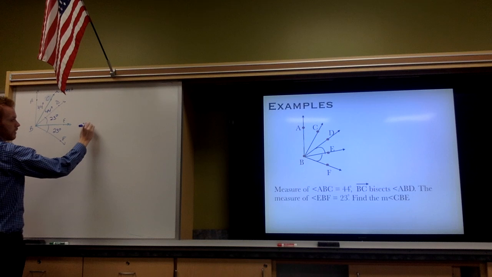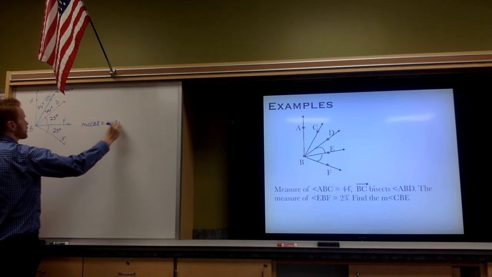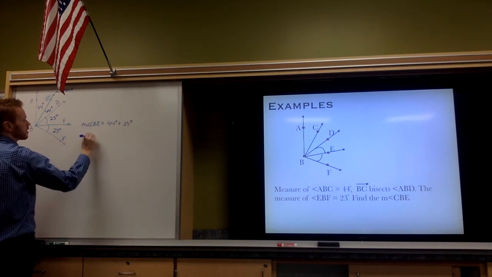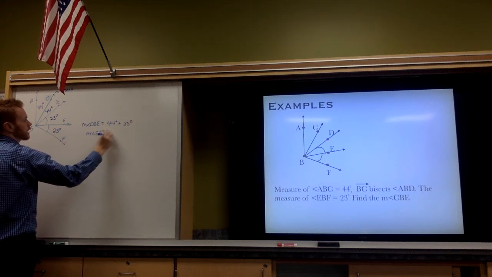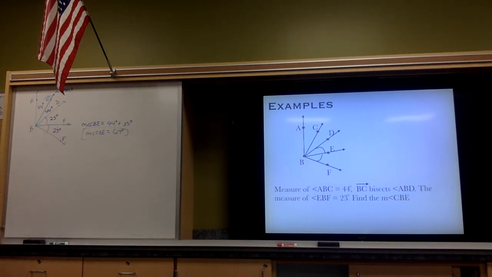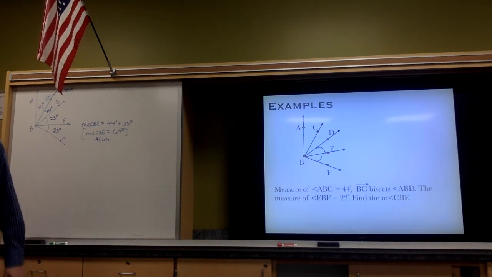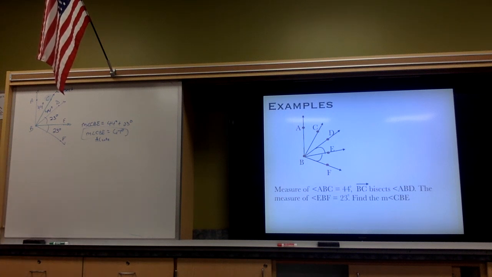So the measurement of angle CBE is equal to 44 degrees plus the 23 degrees. So the measurement of this guy would be what, 67 degrees? I'm done adding. Another acute angle. We could add that last little step. Okay, it's acute angle. Okay. That's just working with bisect.